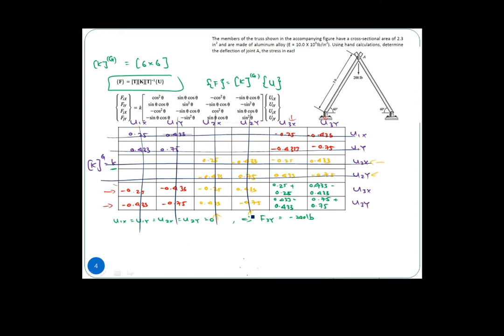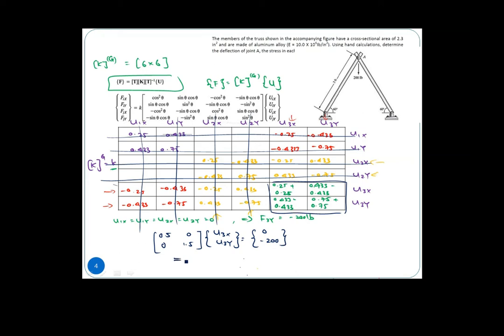So here we end up with only this. It's a 2 times 2 matrix. Okay, so here we have 0.5, 0, 0, 1.5, right? And we have our u3x, u3y equals to our F. Our F is negative 200.